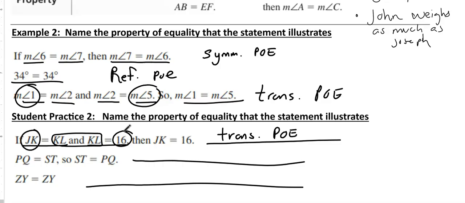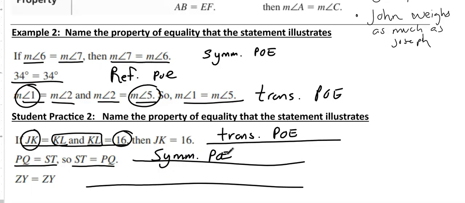So JK is equal to 16. That's the transitive property. Let's take a look at the next one. Aaron, what did you think about this next one? If PQ is equal to ST, then ST is equal to PQ. Yeah. When you just reverse the order, it's called the symmetric property of equality.